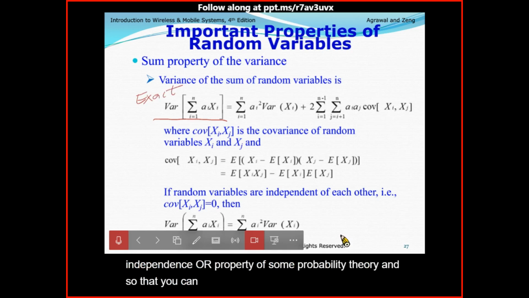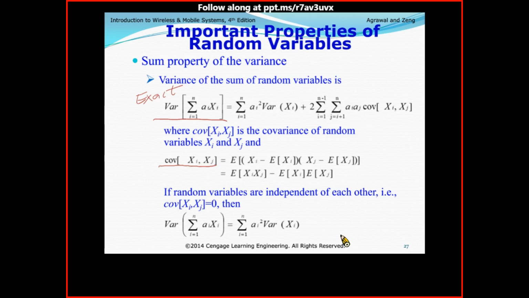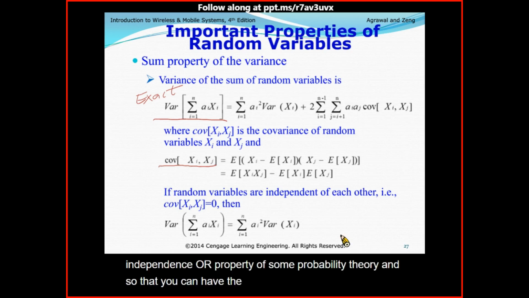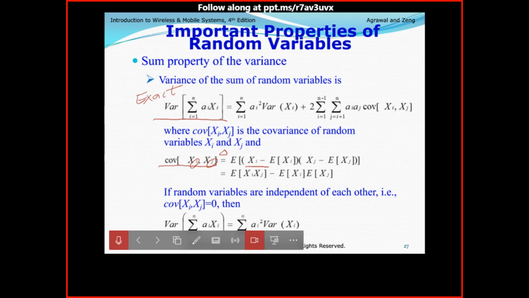All right. And the exact formula, then we will have the new term, covariance. If we introduce the new term covariance here, how do we calculate it? We have a variable x sub i and a variable x sub j, and this is the definition for the calculation.